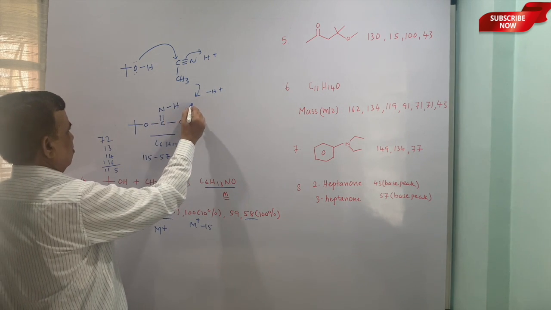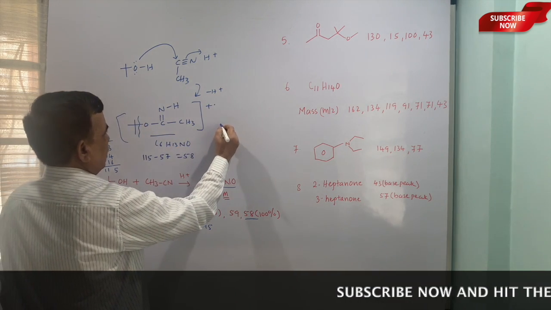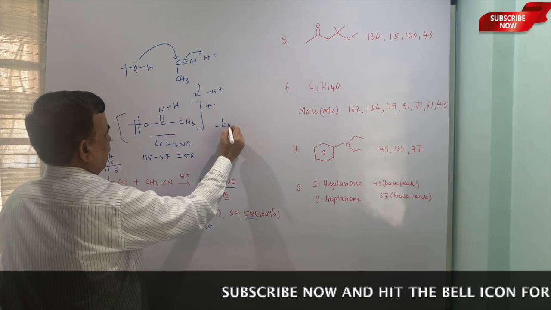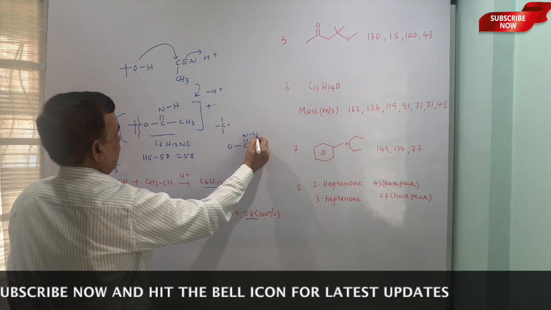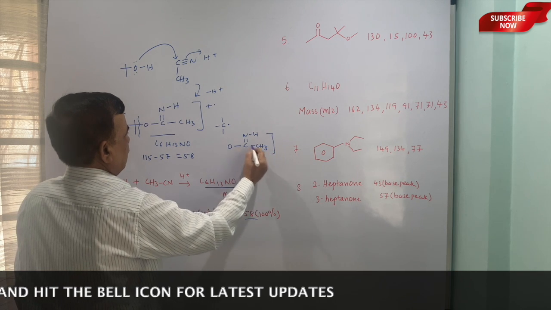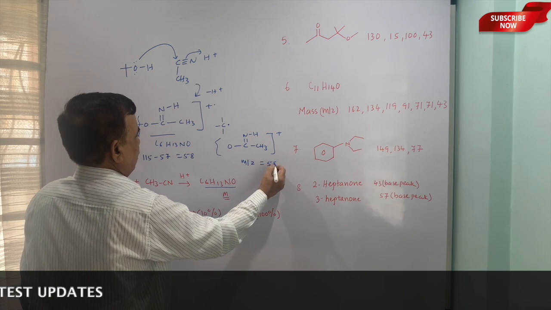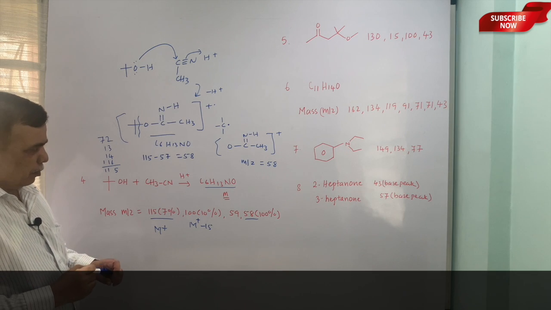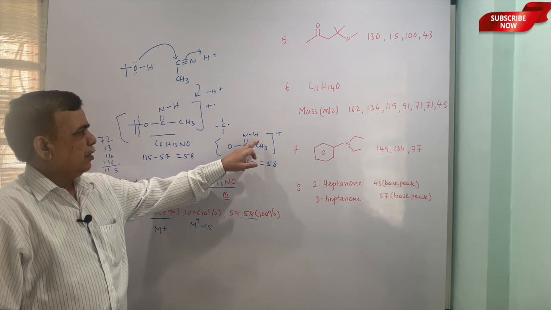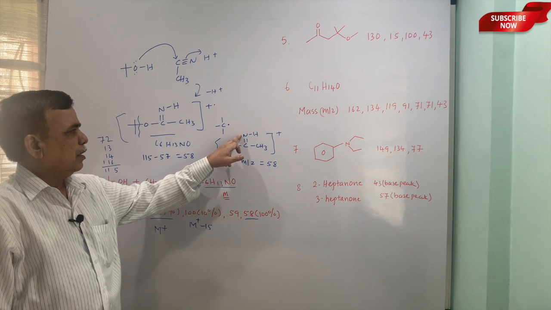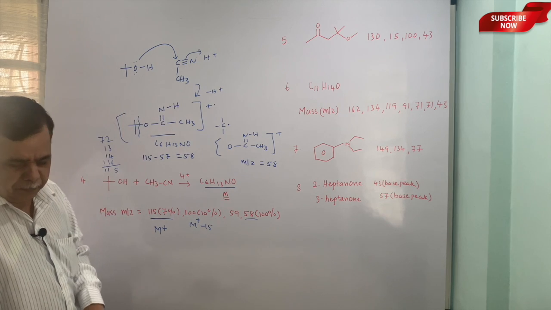So if I show the radical cation on the entire molecule, then breaking this, you have a radical over here, and the other part looks like m/z equal to 58. You can calculate, no problem: 16, 24, 27, 28 and 14, 42, and 16 is 58. So this is the intermediate.